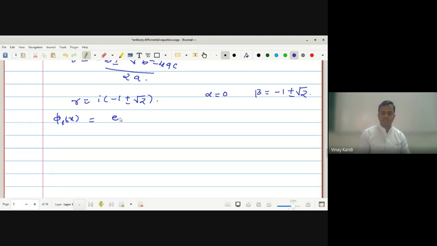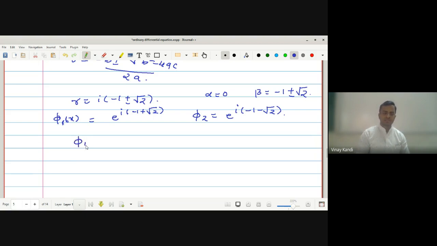Okay, look at it. e raised to i minus 1 plus or minus square root of 2. Okay, if you take plus root 2, this is the phi 1 and this is the phi 2, e raised to i minus 1 minus square root of 2. Any doubt? It can be written this way or this way.